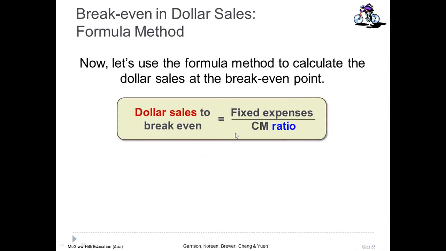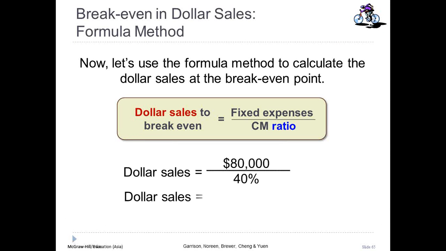Now we can use the formula method to calculate dollar sales at the break-even point. Again, $80,000 in fixed expenses divided by contribution margin ratio, $200,000.